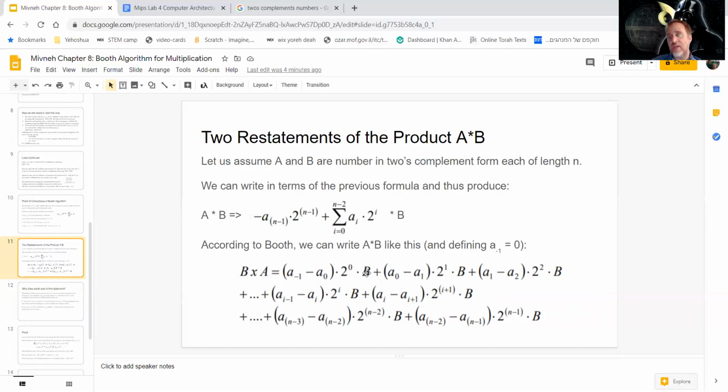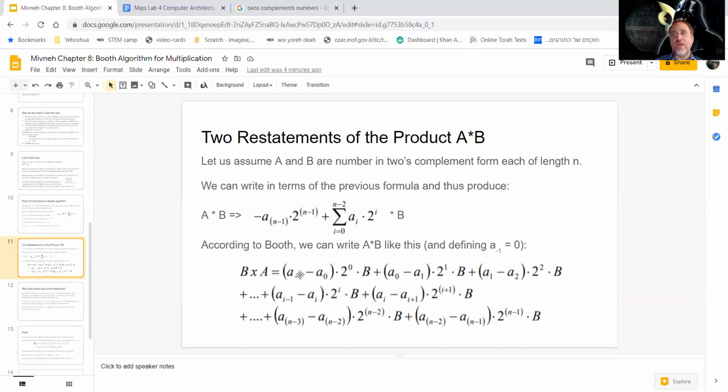B is, if you think about it, the multiplicand. Yeah, b is the multiplicand. Remember, that's what we decided in Booth. What do we do with the multiplicand? Do we add it to the product? Do we subtract it from the product? Or do we just not do anything with it? So by writing this, I'm writing that 0 minus the first digit. If the first digit is 0, then do nothing.